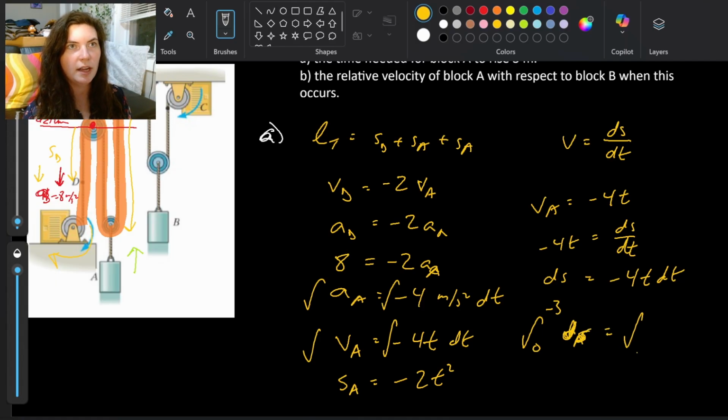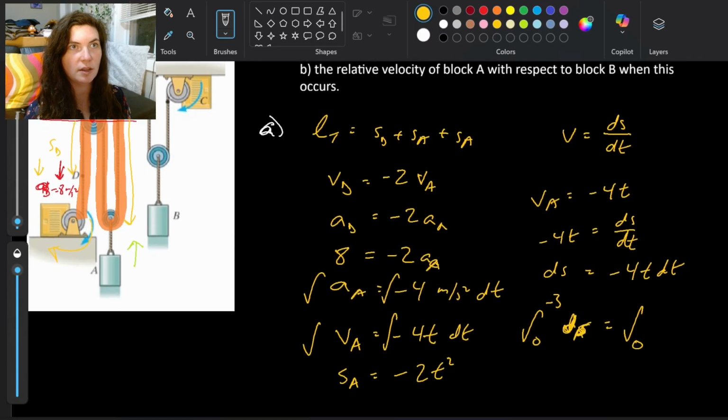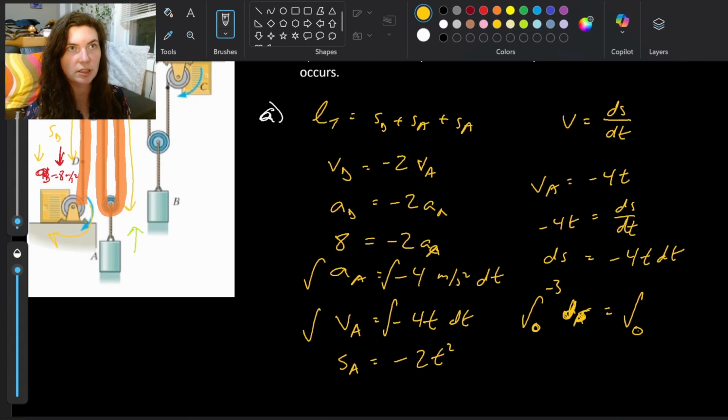And then I'm going to integrate. I don't know what my time is. I know I start at time 0. It did tell me that: VD is 0 at time 0. So that's how I got these lower limits for integration. And I started at position 0. And then I'm going to time t, because that's what I'm looking for. I don't know what time is. So here I end up with negative 3 equals negative 2t squared.